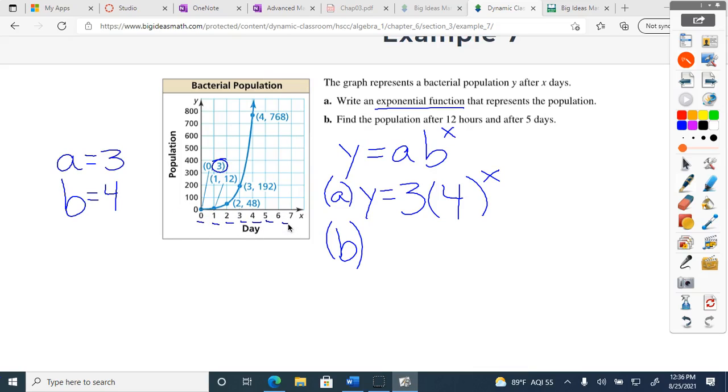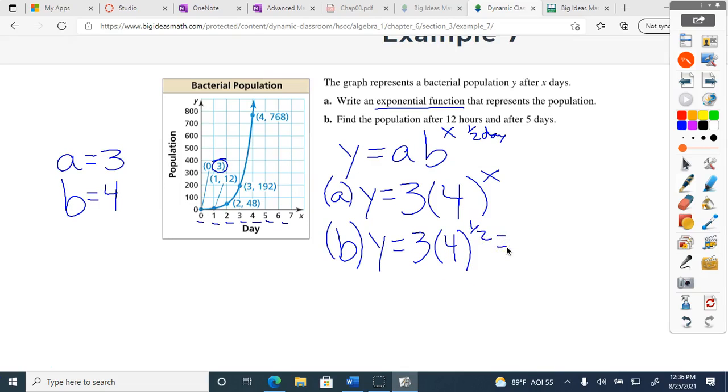Days. 12 hours is how much of a day? Half. So what do I need to plug in for x? Half, because I want to know 12 hours. 12 hours is half a day. So y equals 3 times 4 to the 1/2 power.